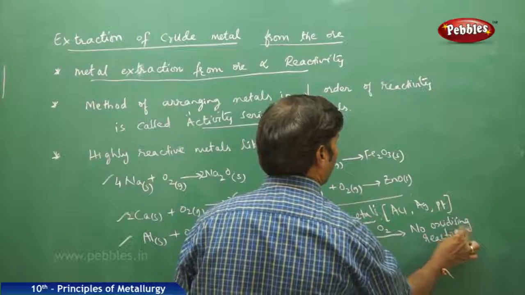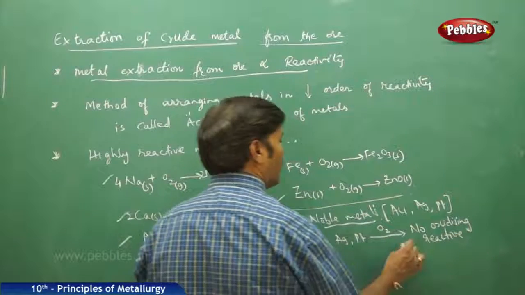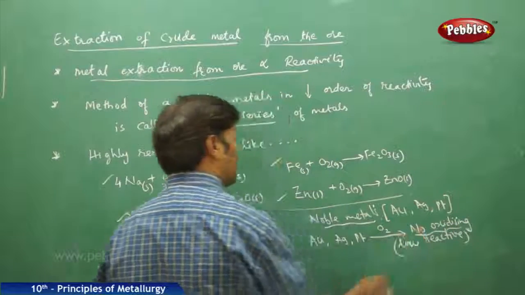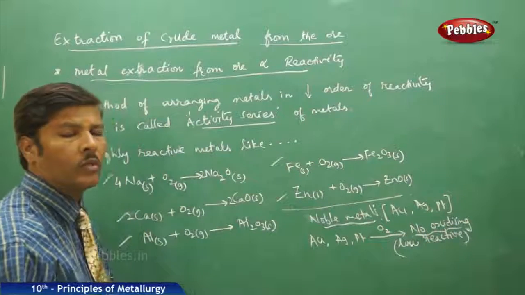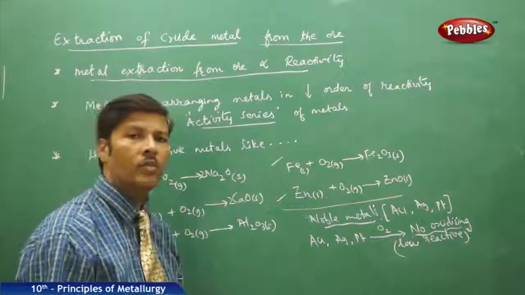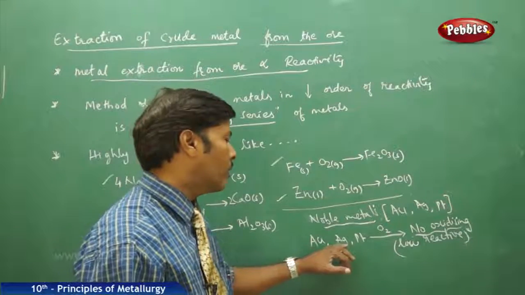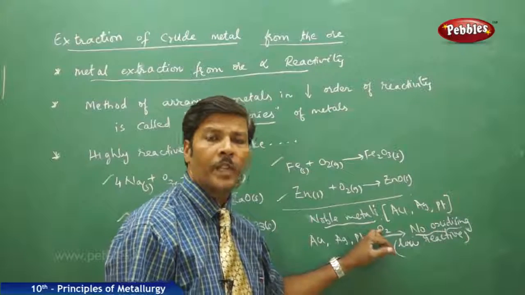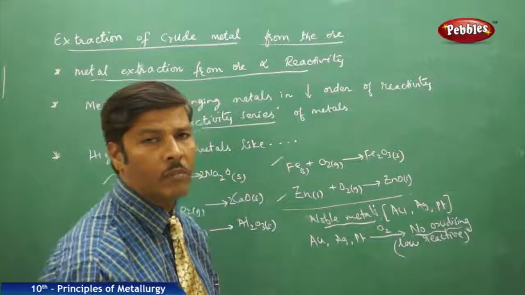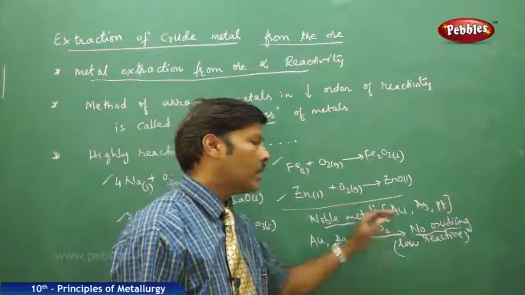That means they are low reactive metals. They cannot react with oxygen, and the chemical reaction is not possible. Gold is stable, silver is stable and platinum is stable, and when treated with oxygen they cannot give any kind of metal oxide. So it indicates that these metals are low reactive.